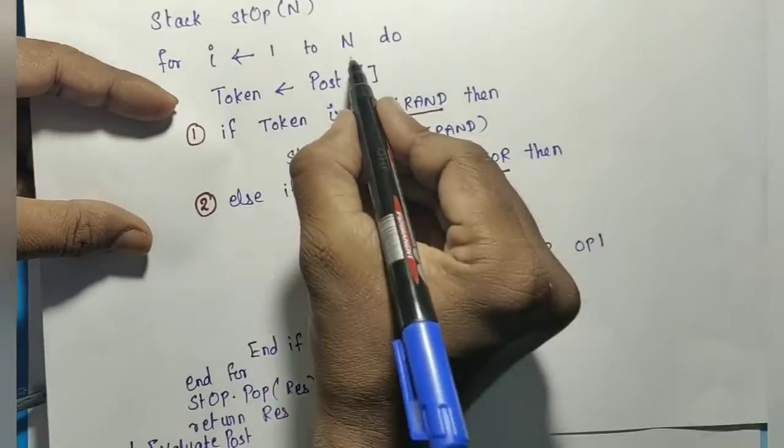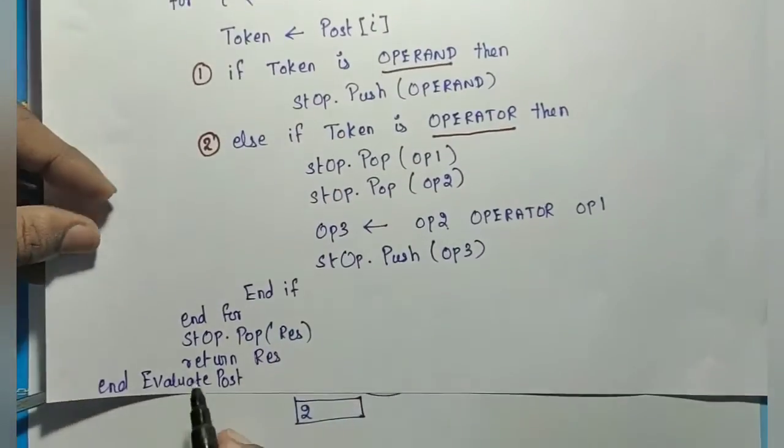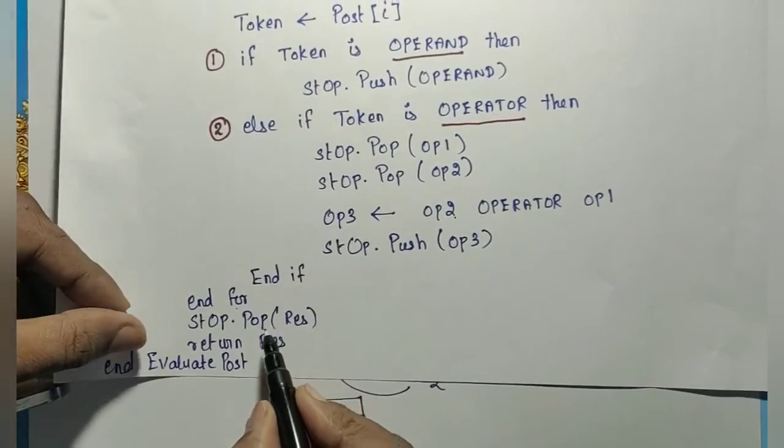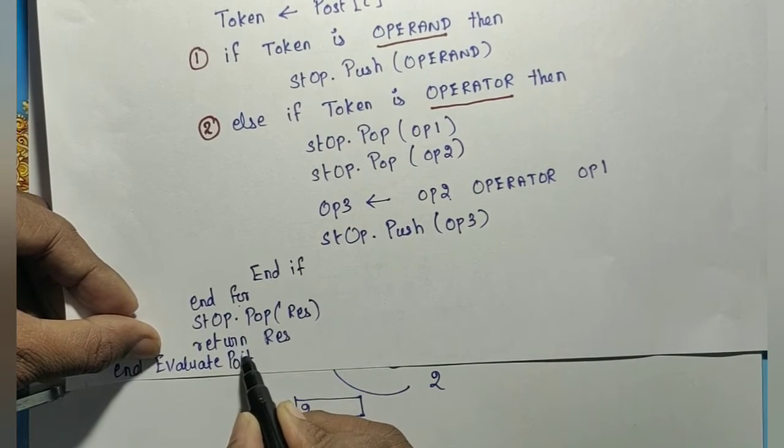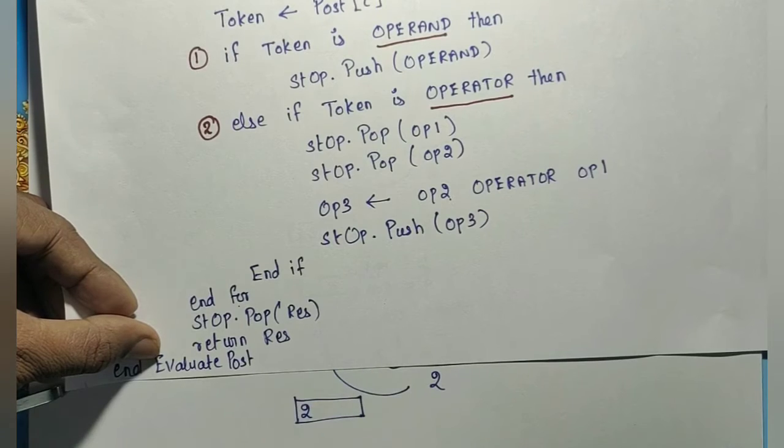So at the end of the iteration, i equal to 1 to n, at the end of the for loop, the stack contains the final result. So I have to pop and then return that as the result.